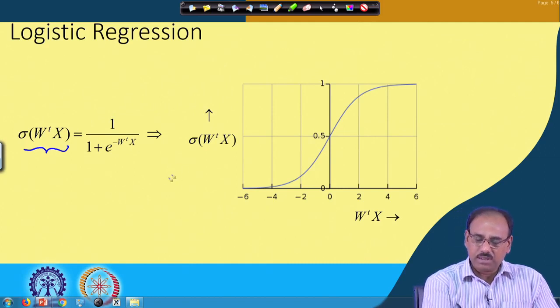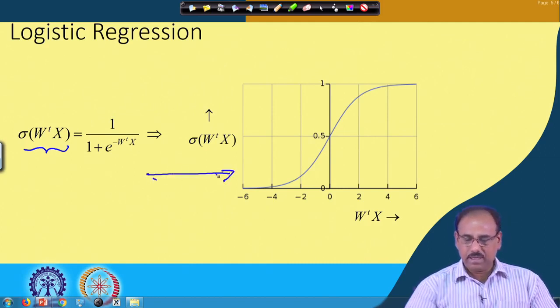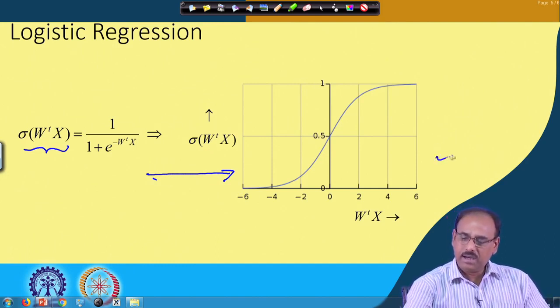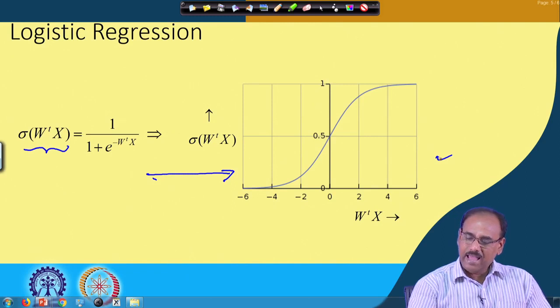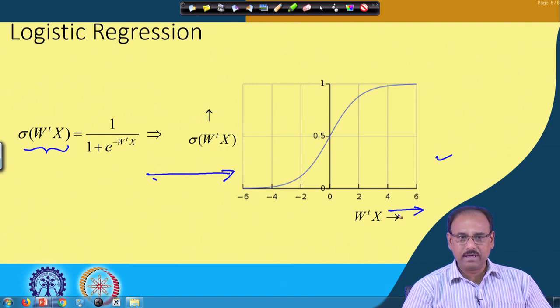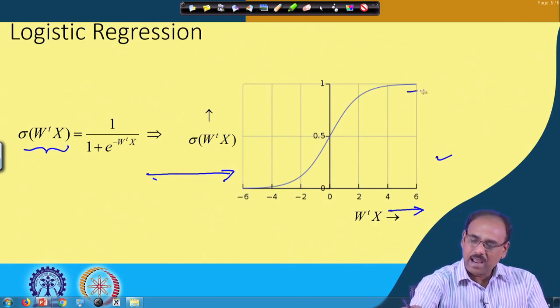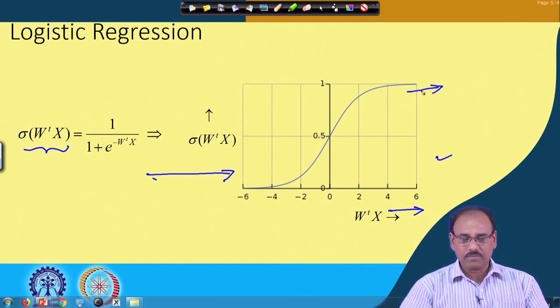If I plot this function, it will have a plot like this, which is a sigmoidal function. If I plot sigma of w transpose x versus w transpose x, I get a curve as shown on this side. Coming to our previous interpretation of distance from the separating plane, as the distance from the separating plane becomes very high, the probability goes on increasing and asymptotically goes to 1.